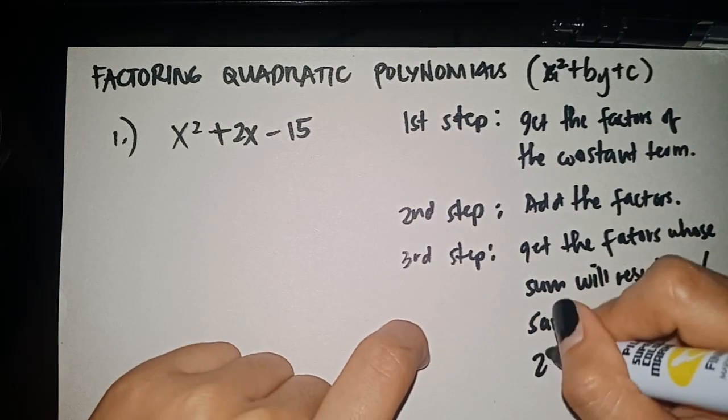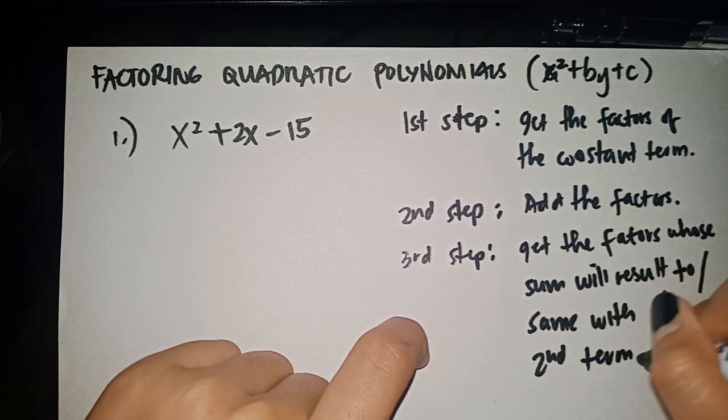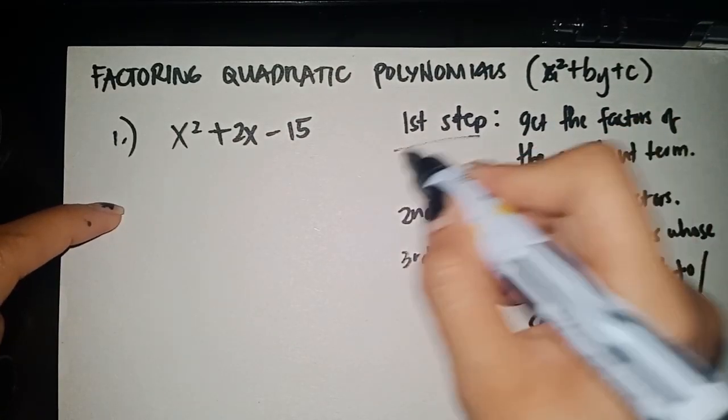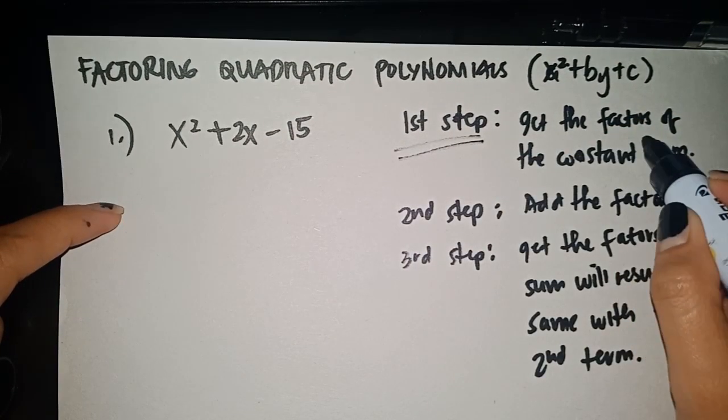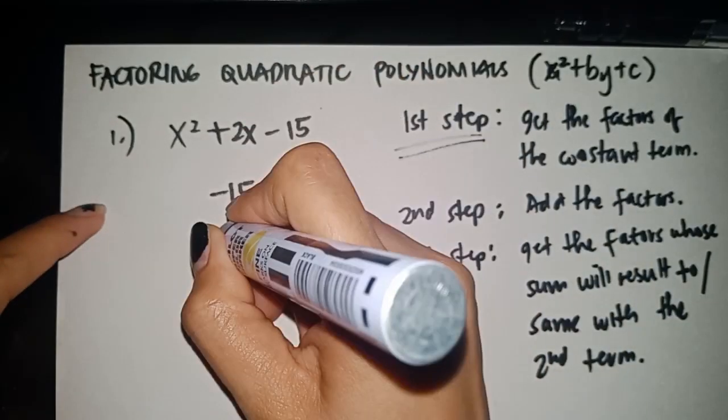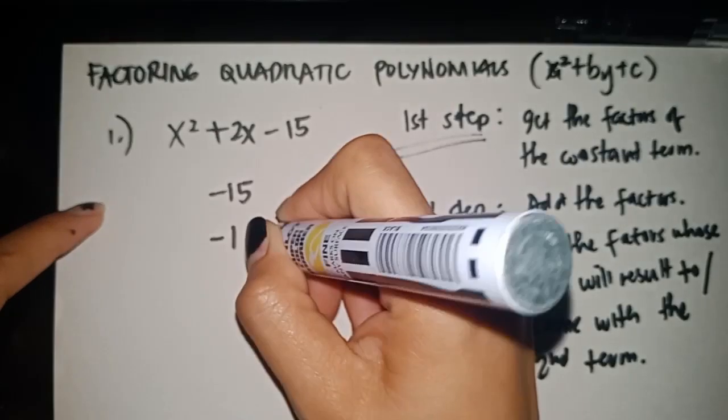The sum that will result is the same as the second term. Okay, so I think I only have 3 steps just to figure out the factors of these quadratic polynomials.